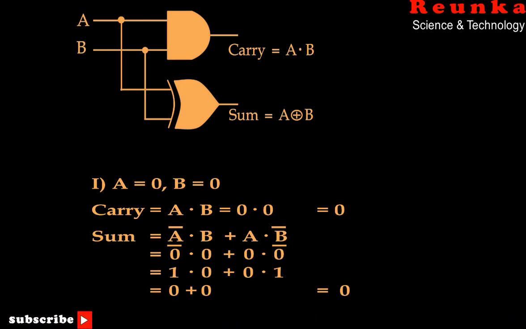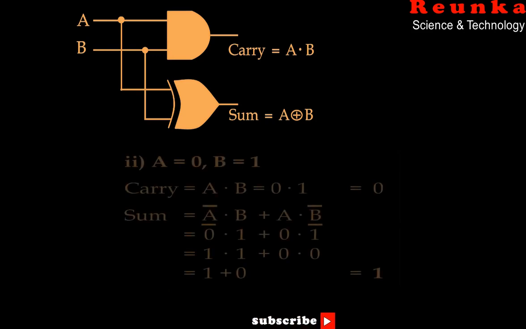So here 0 complement dot 0 plus 0 dot 0 complement. The output will be 1 dot 0 plus 0 dot 1. So here 1 dot 0 will be 0 and 0 dot 1 will be 0. So at the final output 0 plus 0 will be 0. So if A equal to 0, B equal to 0, the sum will be 0 and carry will be 0.